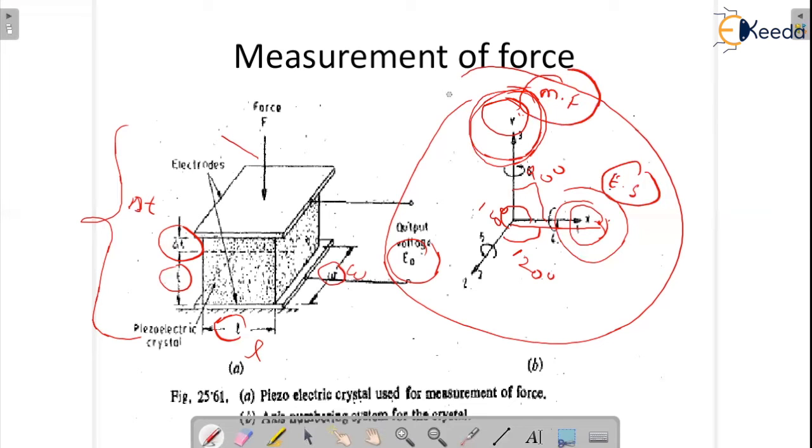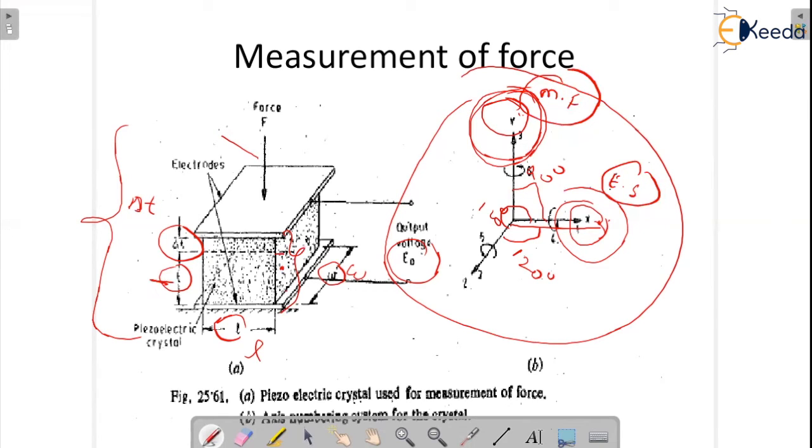Now one more important thing that you have to remember is, generally, what are the properties of a crystal? The properties of the crystal always depend on the cutting edge of the crystal. The properties will change depending upon the cutting edge of this particular crystal. The second one is the thickness of the crystal.